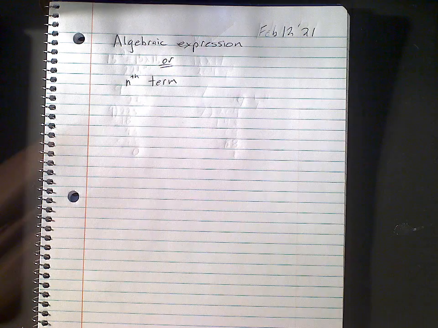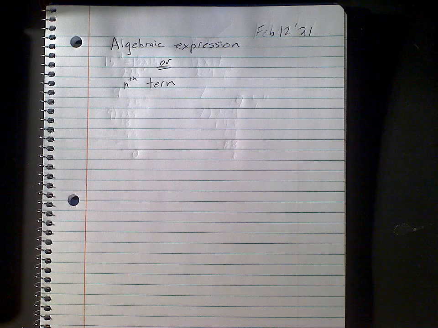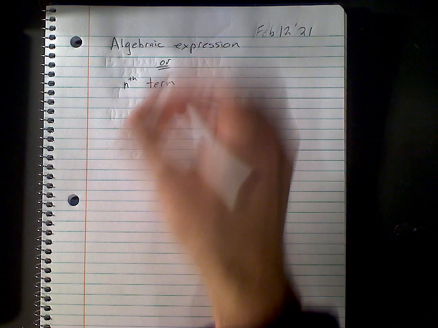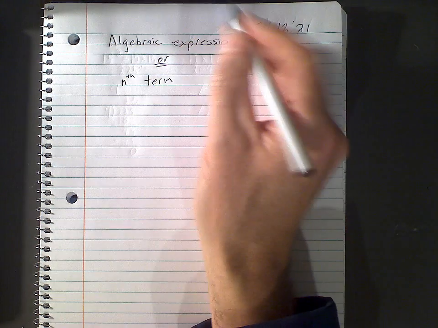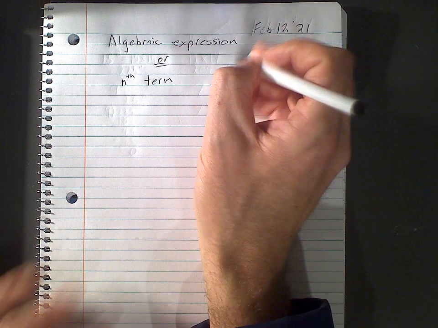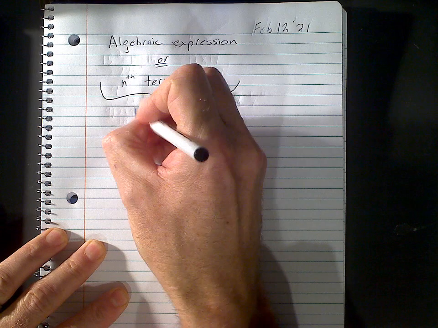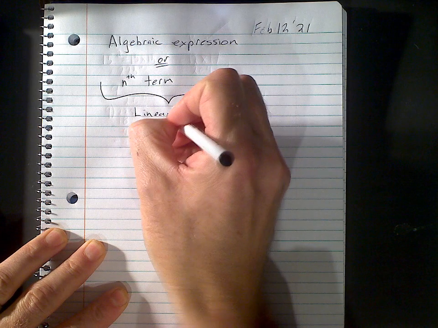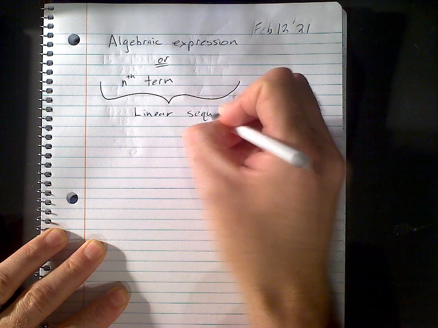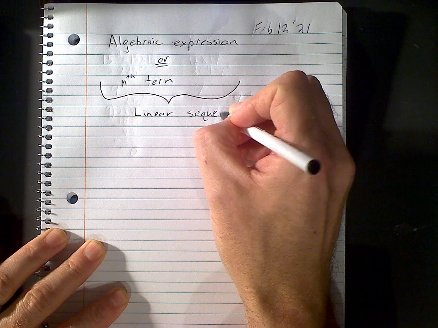They are synonymous. Nth term could be an N we use. Algebraic expression could be an X. It's up to you. So we're going to do this for linear sequences only.